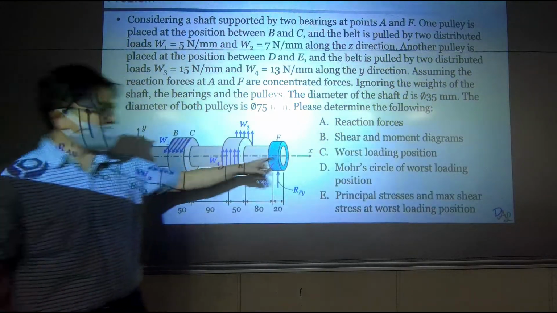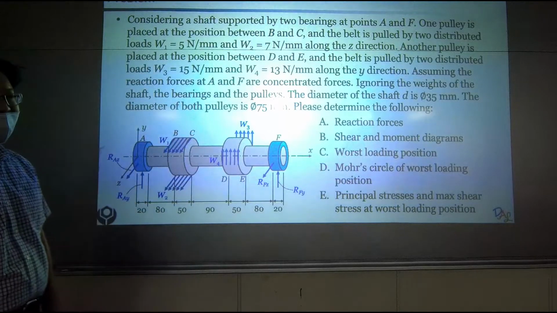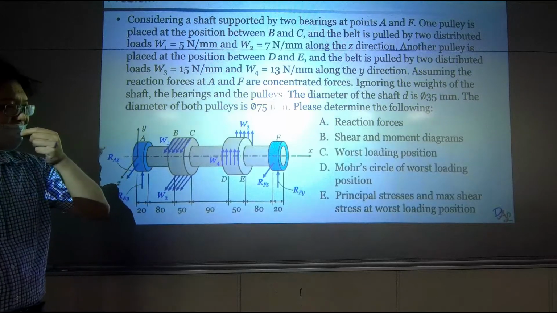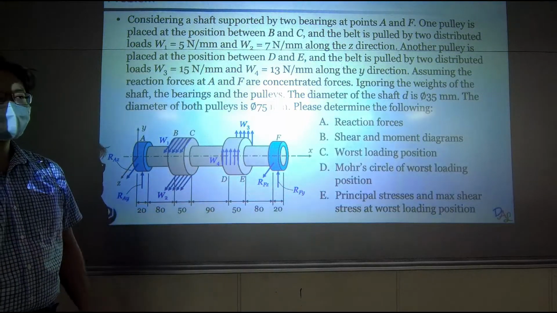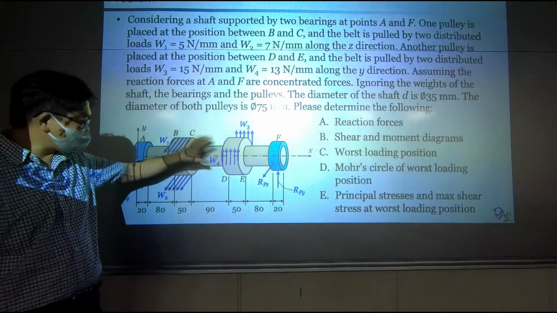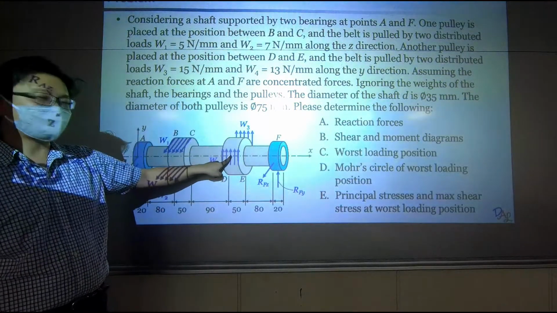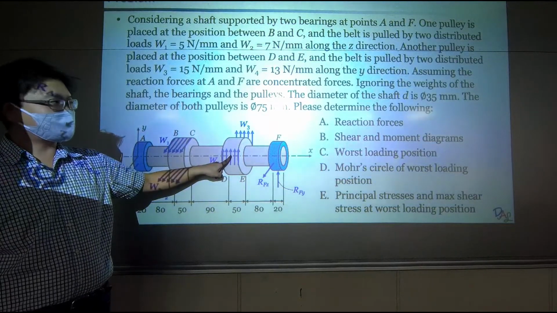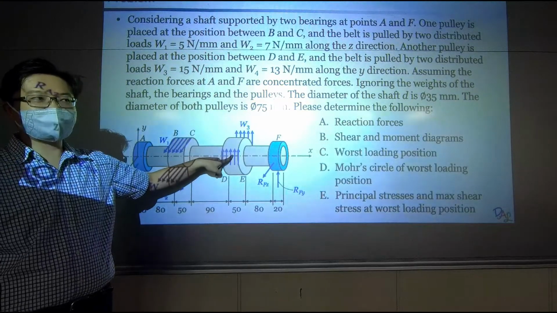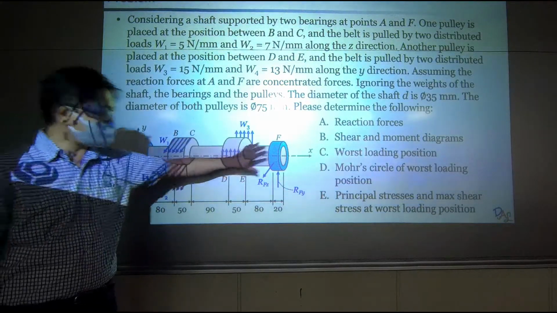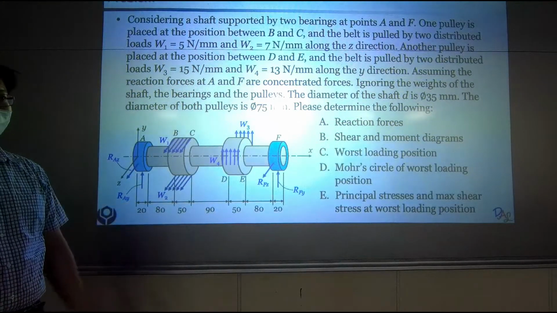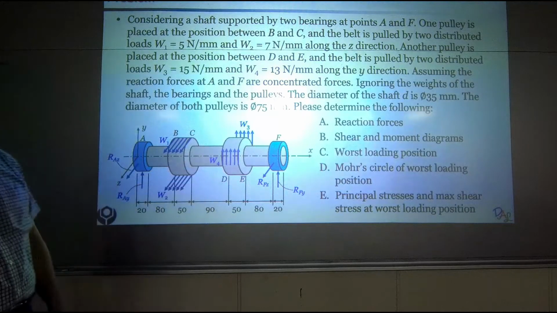And we are looking for the worst loading position, meaning at which position we are under the maximum load. If this position is having the maximum load, we will design this shaft based on that point. Because if the worst loading position can survive the loading, then the entire shaft can survive the load, because this one is the worst one.